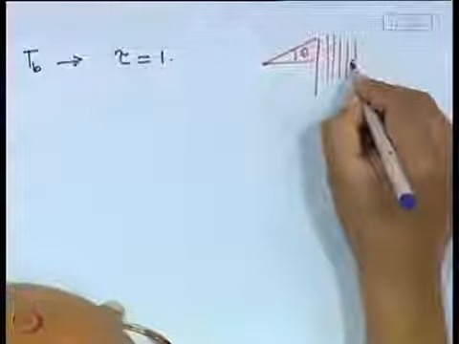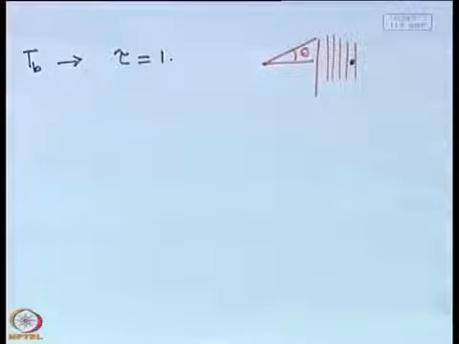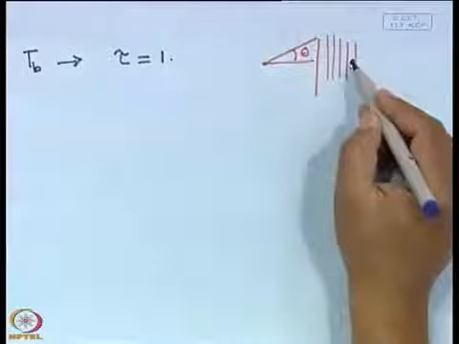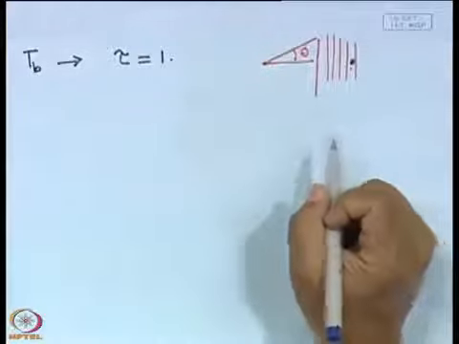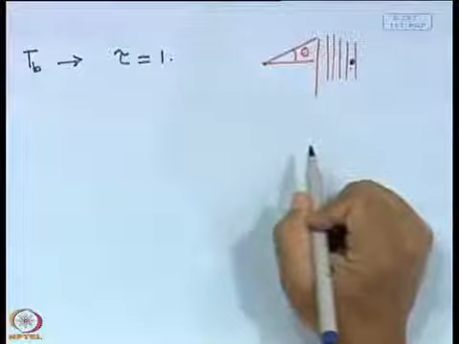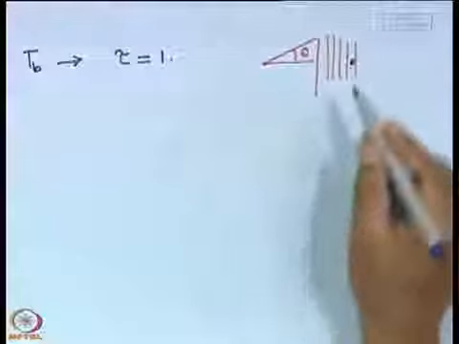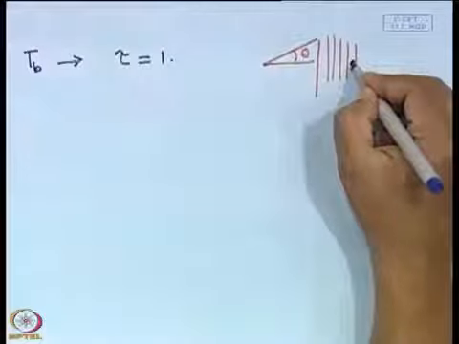If you go inside the sun where the optical depth is larger, what happens to the photons that are emitted over here? The optical depth here is large, so the probability of a photon propagating is e to the power minus tau. The photon that is emitted here gets absorbed by the time it comes to the surface.